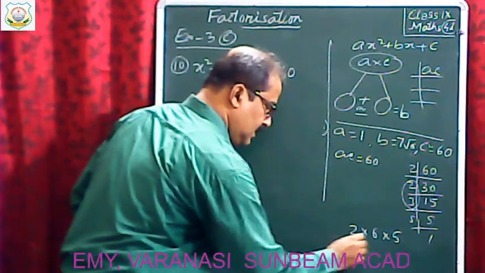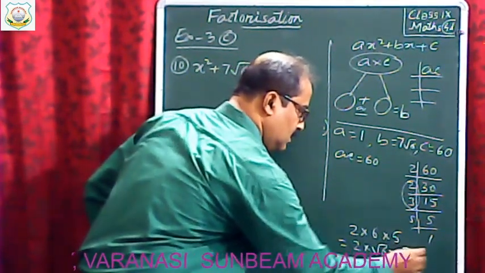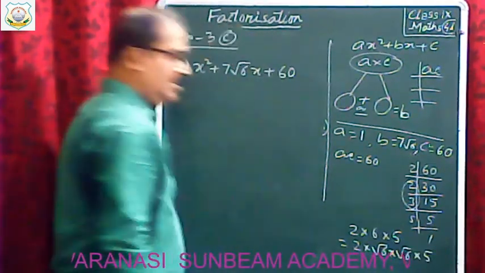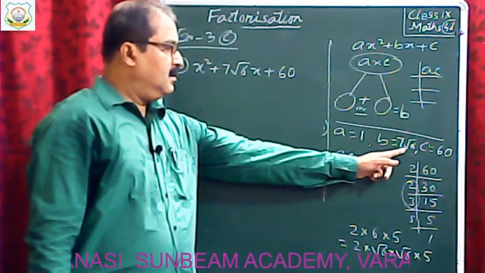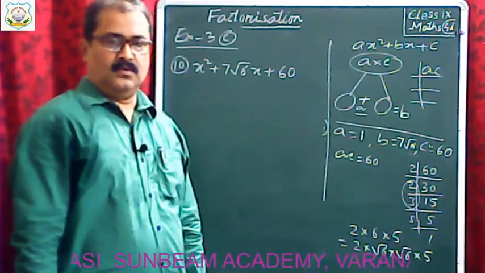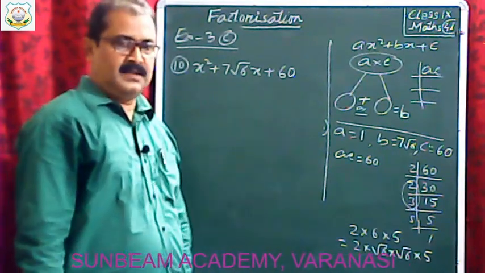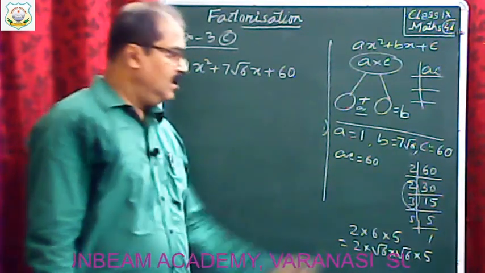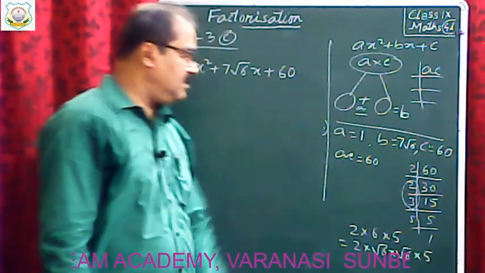Means we can say 2 into root 6 into root 6 into 5. In this way you have to manipulate, because in B we are given 7 root 6. So in terms of root 6 we have to express the factors we get, isn't it? So 2 times 3 is 6. In place of 6 we have to write root 6 into root 6.